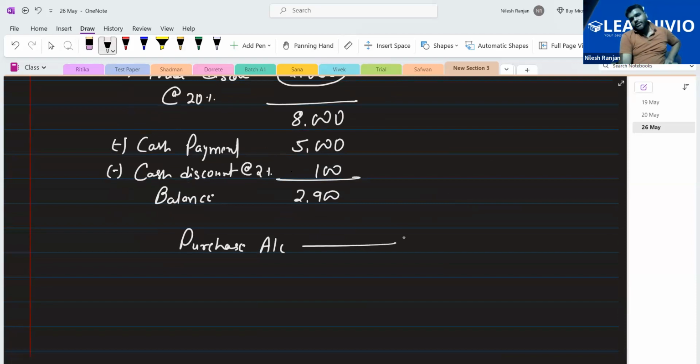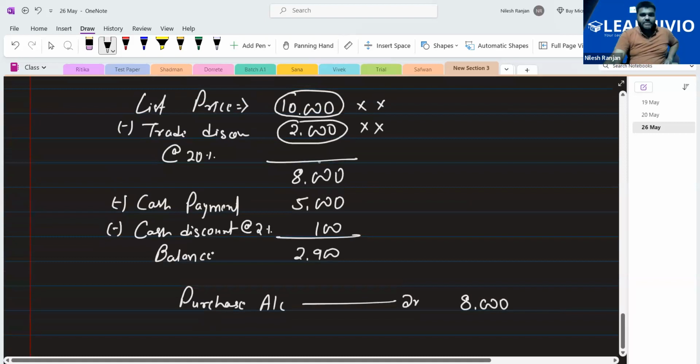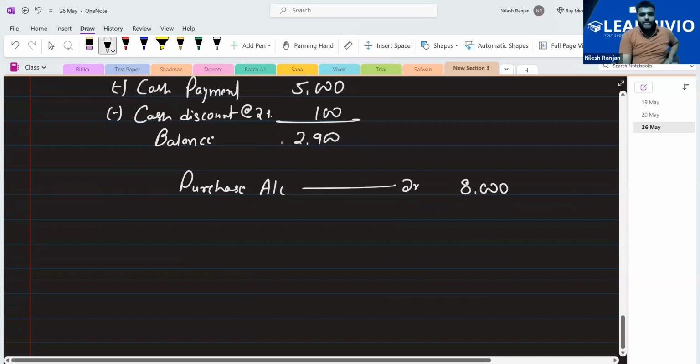Purchase account debit will be 8,000, not 10,000. Why? Because the list price is increased, it is manipulated, so it is not an original price. After giving trade discount, now we have found the original price. So 8,000 is the original price. That's why we never use this list price and this trade discount in the journal entry. So purchase account debit 8,000.